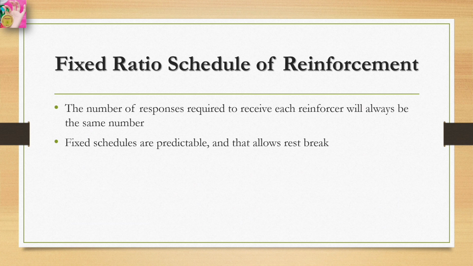In human terms, anyone who does piecework in which a certain number of items have to be completed before the payment is given is reinforced on a fixed ratio schedule. And some sandwich shops give out punch cards that get punched one time for each sandwich purchased. When the card has 10 punches, for example, the person might get a free sandwich.